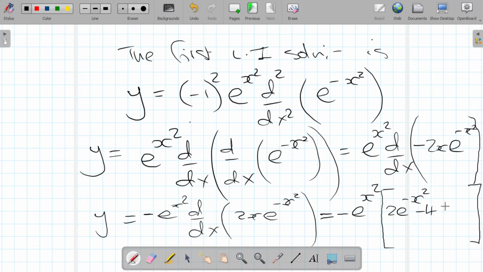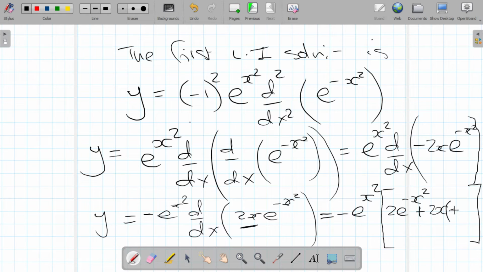Well, I was going to write it straight down, but I shouldn't miss any steps out. So we differentiate the 2x first. We're left with 2. And obviously we write down the e to the minus x squared. So we've got 2e to the minus x squared. And then it's plus, this time we'll leave the 2x as it is, and we differentiate the e to the minus x squared.